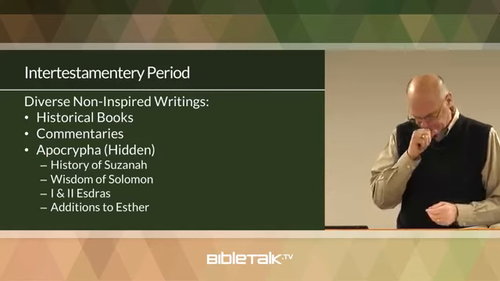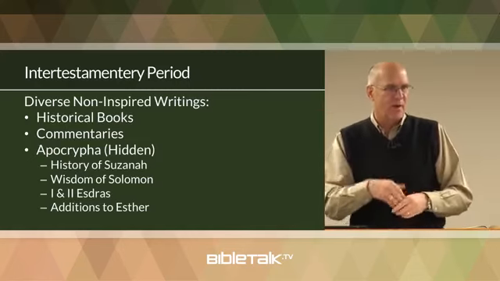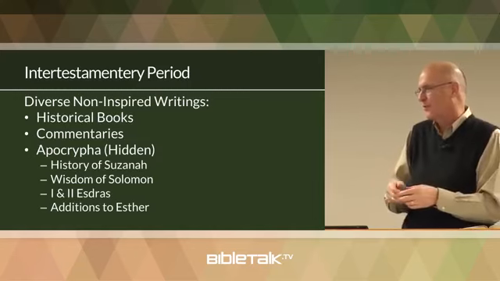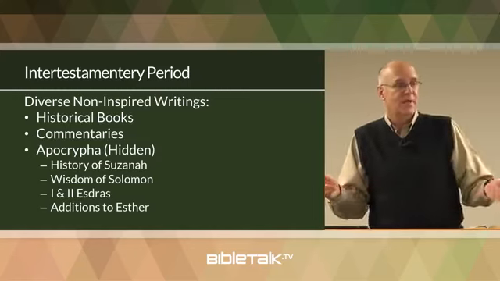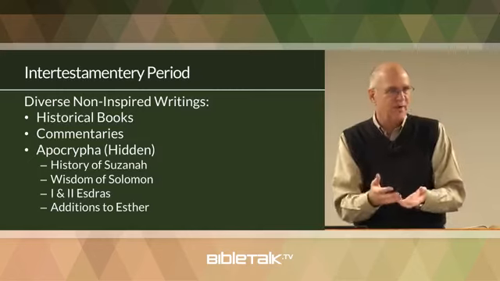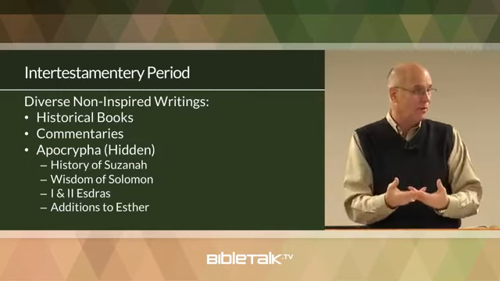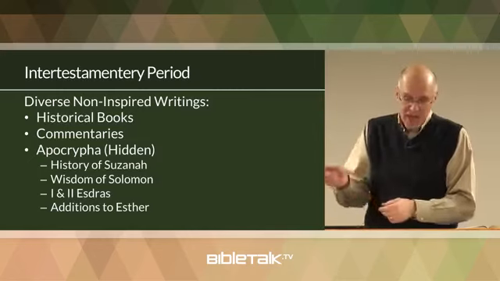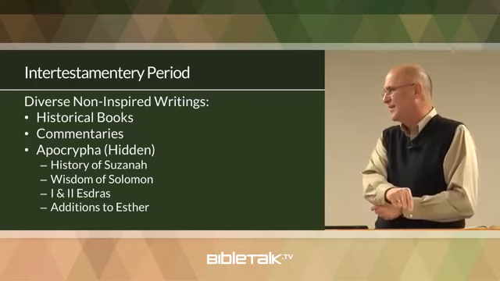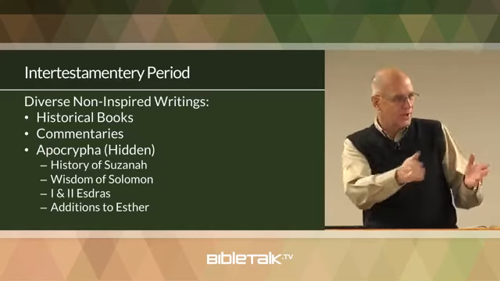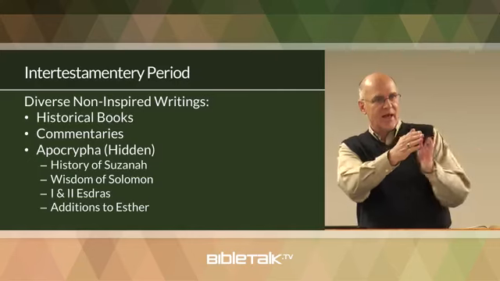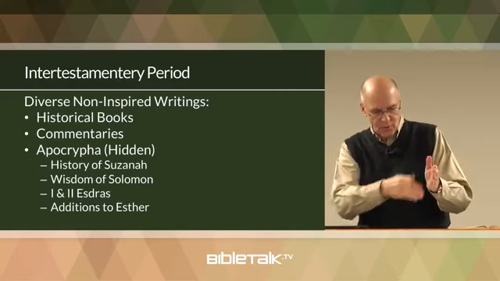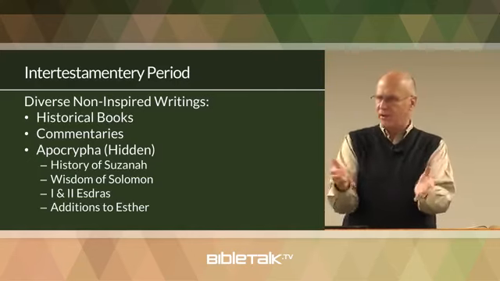Sometimes people say, my friend has a Catholic Bible. Is that Bible any good? And the reason they say a Catholic Bible is that many versions of the Bible authorized by the Catholic Church include these books. So you've got the Old Testament, Genesis all the way to Malachi, and then before you get to the New Testament, there are a whole bunch of other books, and you wonder, what are these books?